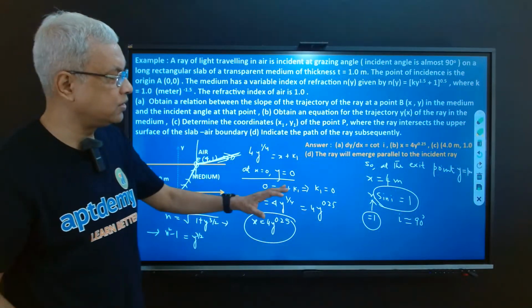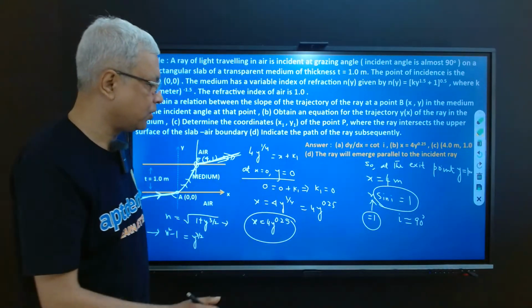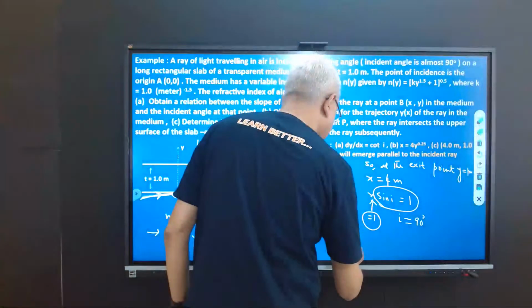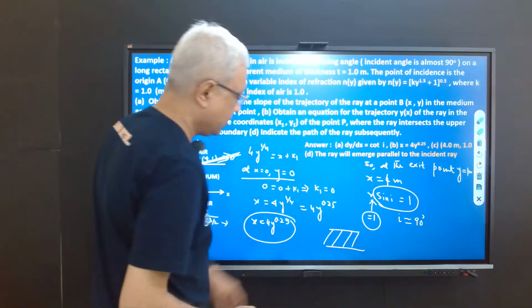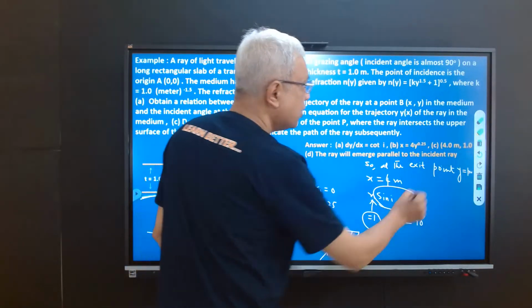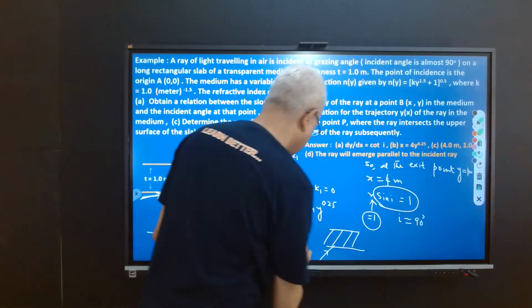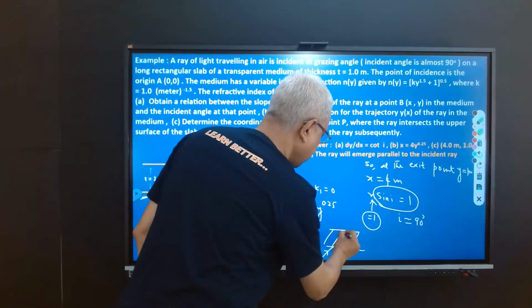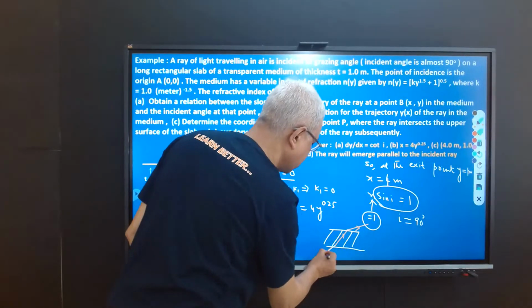So this problem is a simple application of Snell's law, but in a variable medium. Because you know, if there is a parallel slab like this, and a ray of light strikes like this, then we know from our refraction knowledge that the ray moves like this, and again comes out parallel to the incident ray.